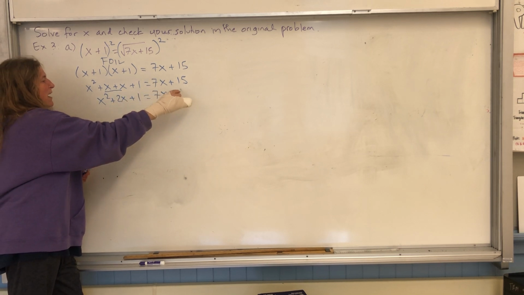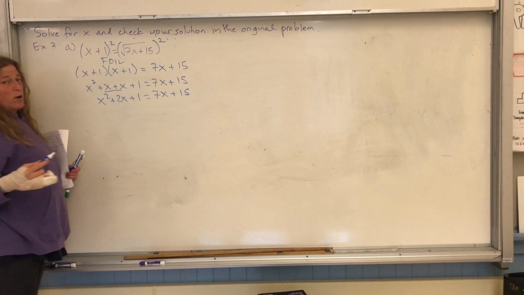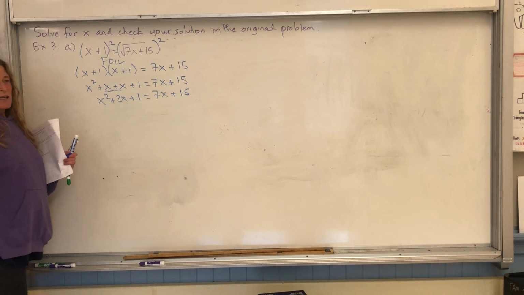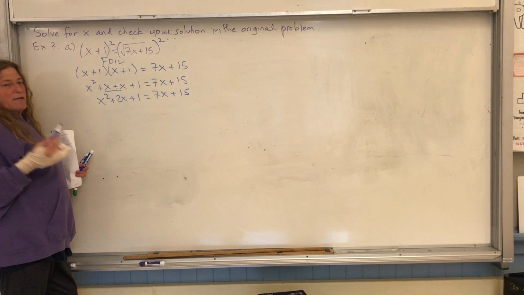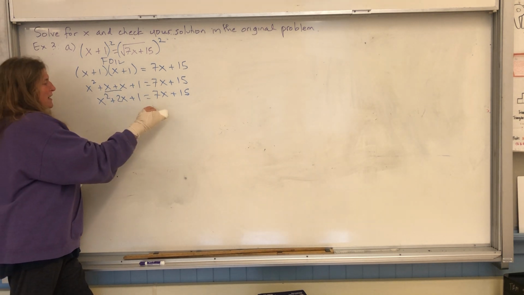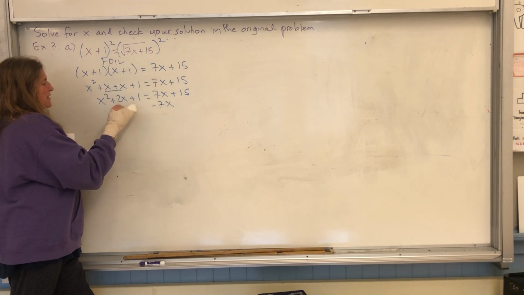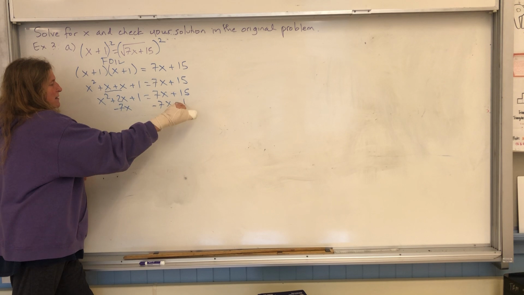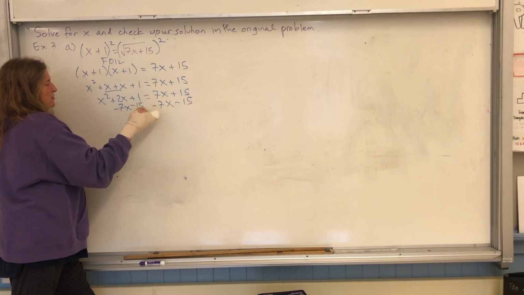Okay guys, now we have ourselves a quadratic. In example 1 and example 2 we just had an x to the first or a p to the first. So when I have a quadratic, if you remember, I want to get 0 on one side and then do a diamond.